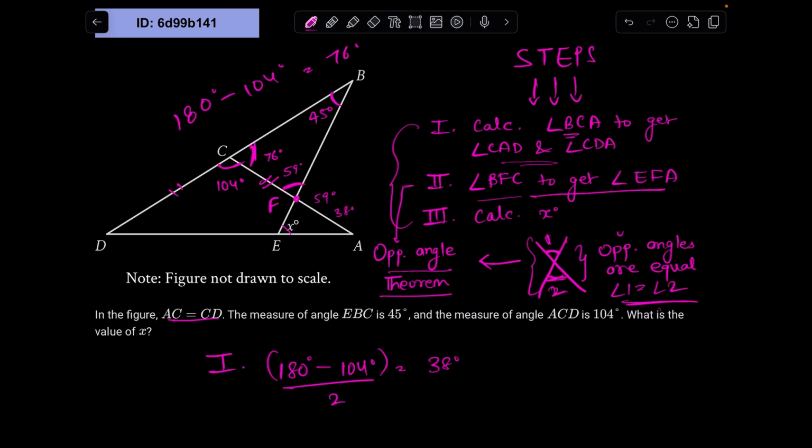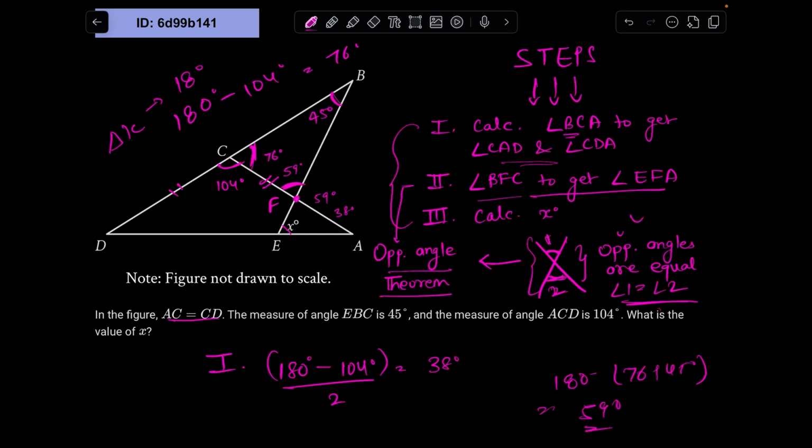Since the sum of all angles in a triangle is 180 degrees, we're going to add 45 and 76 and subtract it from 180 to get 59 degrees. So 180 minus (76 plus 45) is equal to 59 degrees.